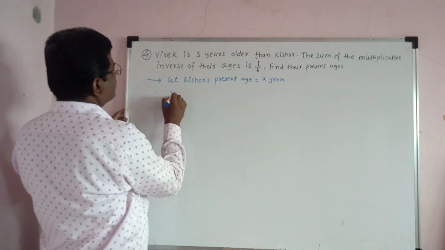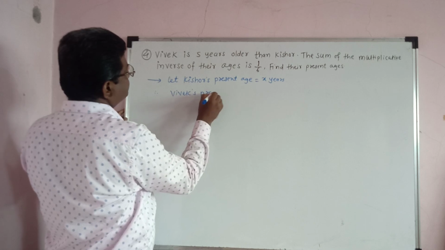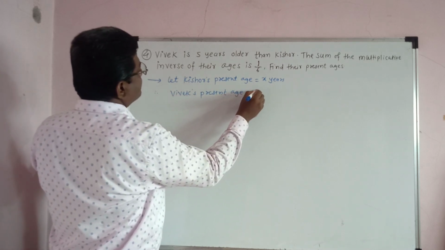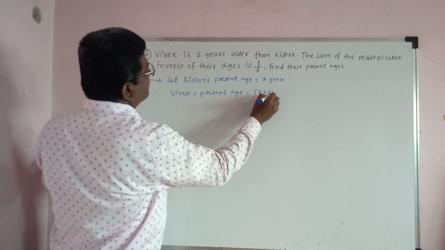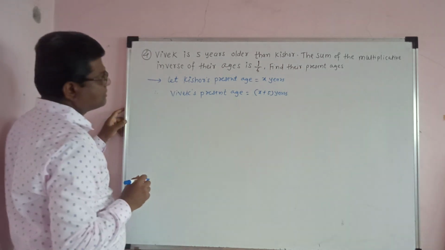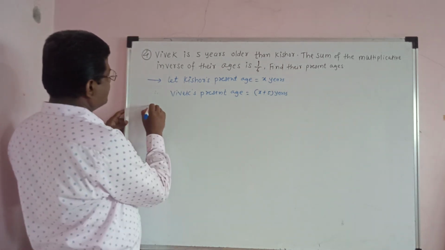Therefore, Vivek's present age is x plus 5 years. Now multiplicative inverse means reciprocal of the number.